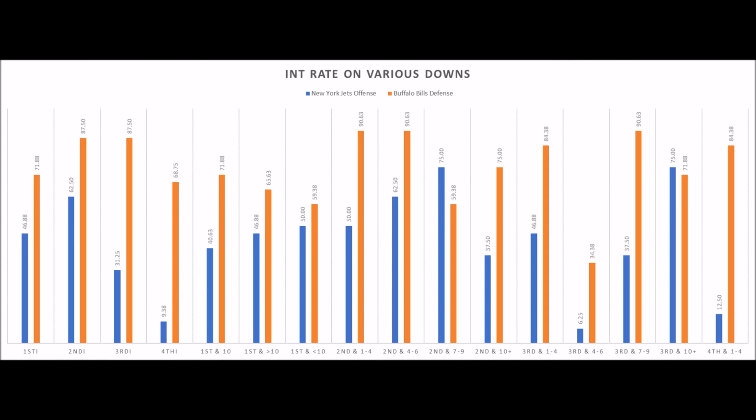And the only real matchup that will be interesting to see the dynamics of is the run defense. The Jets do have a better rush defense compared to the Bills' rushing offense, and because of that, I do think that's an interesting dynamic to see how it transpires.